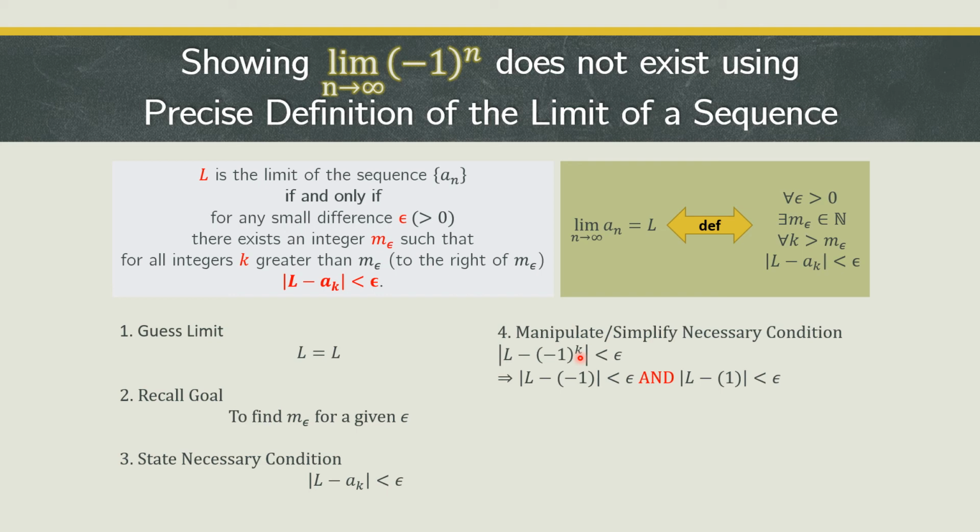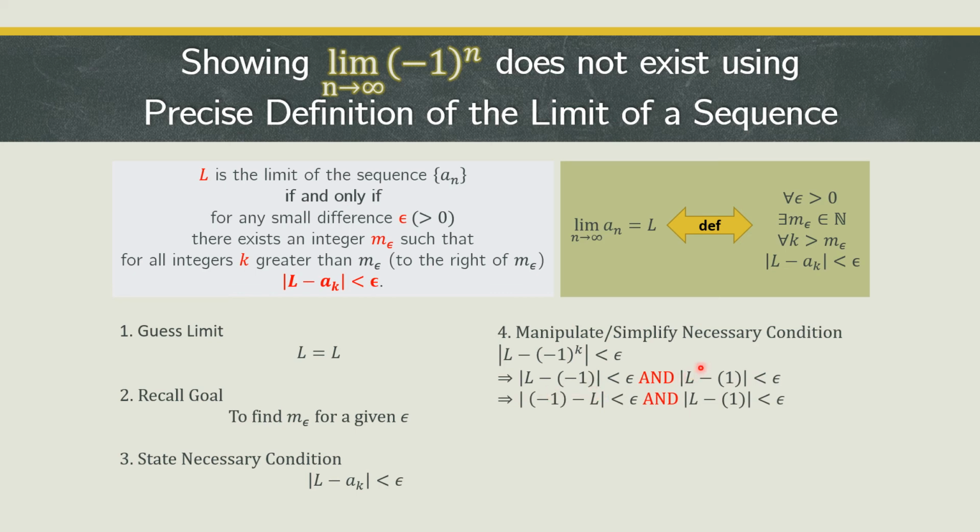You will always have odd and even values of k. And so for odd values of k, this must be true, and for even values of k, this must be true. And so both must be true, because we will always have even and odd values of k for k greater than m sub epsilon.